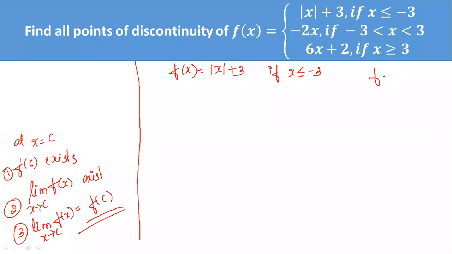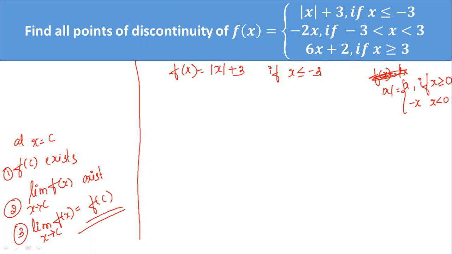Mod x is x if x is greater than or equal to 0. What happens to mod x if x is less than 0? It is minus x. Good student. So it is minus x.